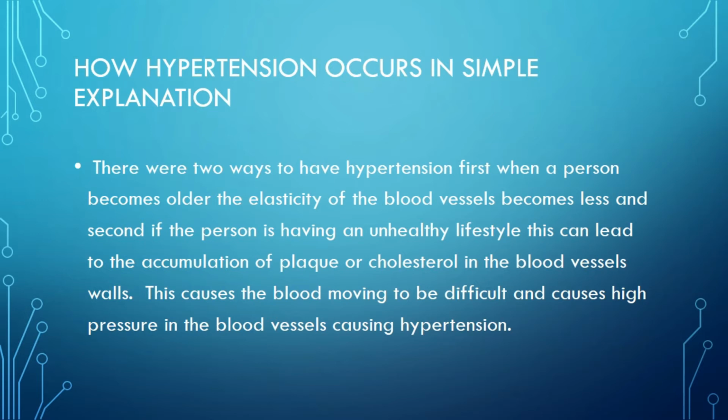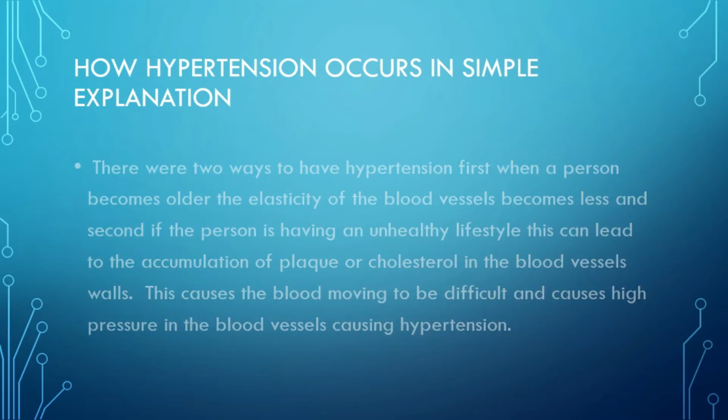So the elasticity with some occlusion in the blood vessels, it will cause the blood vessels to be high, that the blood moving very difficultly in the blood vessels. This will be causing hypertension.